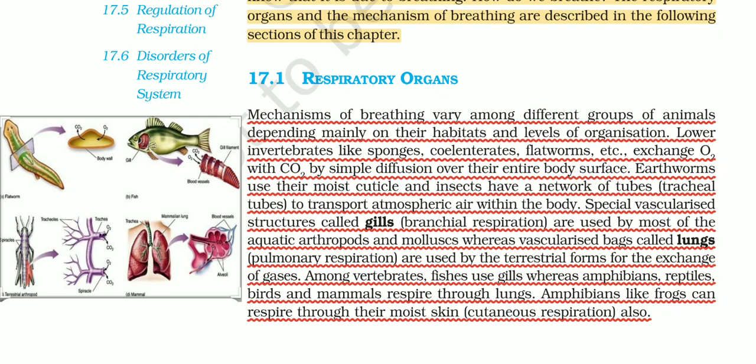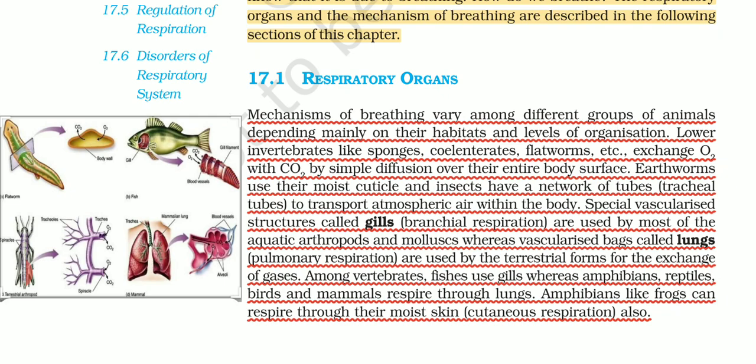And in the case of fishes, and even in aquatic arthropods and mollusks, meaning those insects that are living in water, and those mollusks that are mostly marine in nature, like Pila and octopus, they have branchial respiration. And those organisms which have lungs, that kind of respiration is called pulmonary respiration.